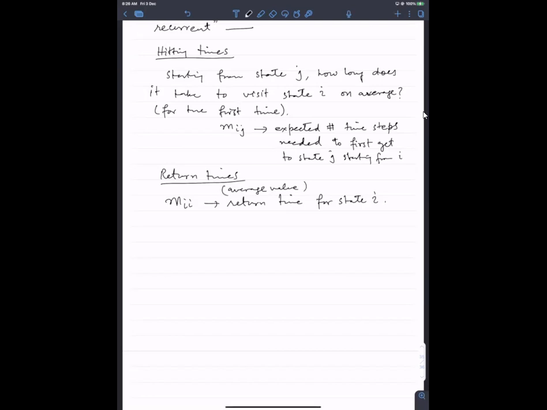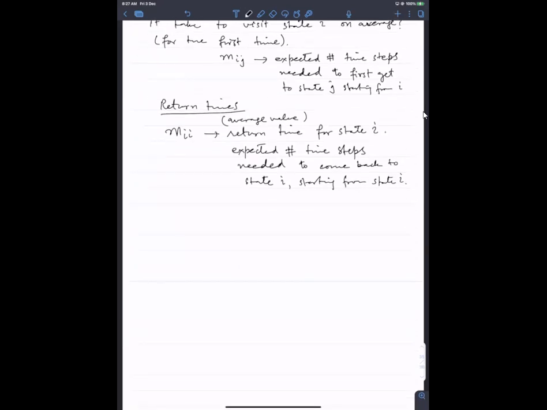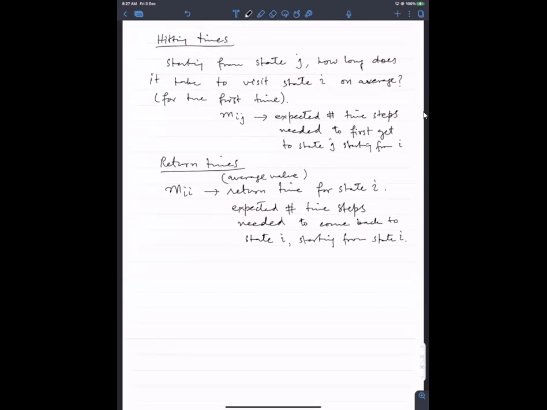So it's also the expected number of time steps needed to come back to state i, starting from state i. There are multiple ways of calculating the mean hitting times and mean return times. We will give you a couple of examples for that.